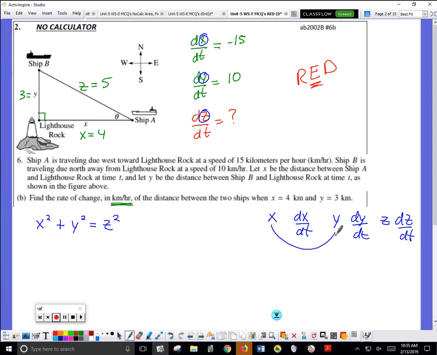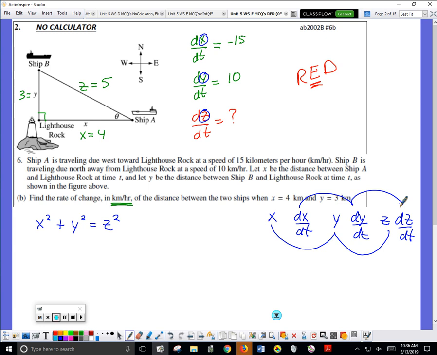Somehow these three are related by the equation. By taking the derivative, you find how these three are related, and that's how all related rate problems work.